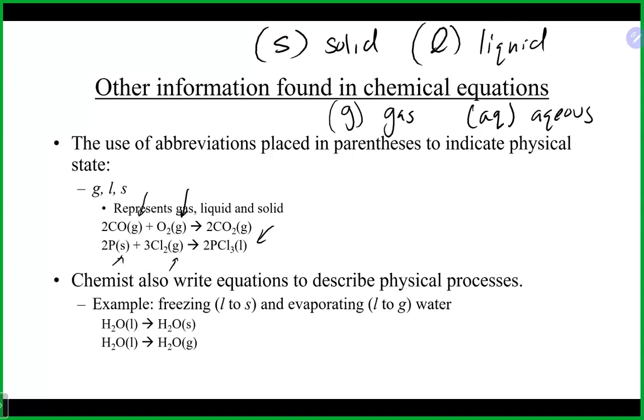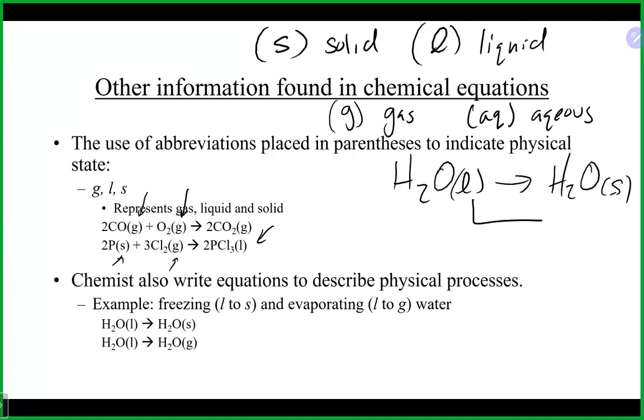Now, a lot of times we write chemical equations to represent chemical changes and chemical reactions that are occurring, but we also can use chemical equations to represent physical processes. So, for example, if we look down here towards the bottom, we got water in the liquid state going to water in the solid state.